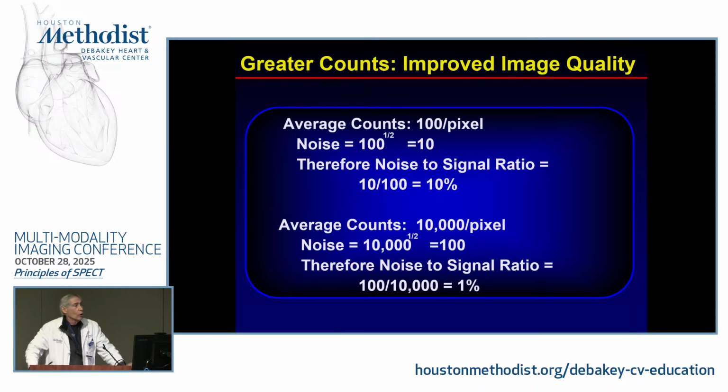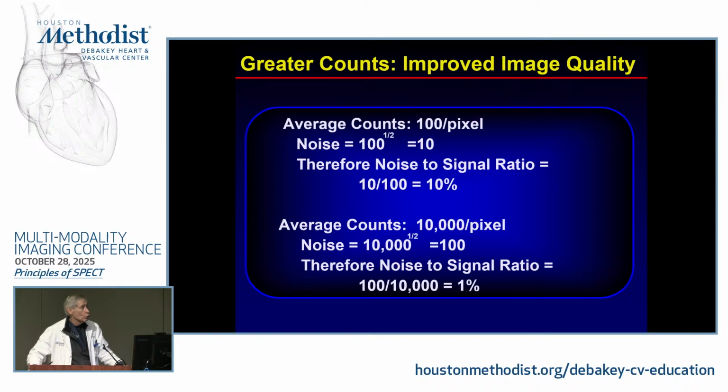So it just goes to show you that images are made by how many counts you have. Images are made by what your mA flux is, okay, in CT. And if you don't have enough mA, and if you don't have enough counts, you're going to have very, very noisy images, which are going to limit your ability to interpret the studies. So it's extremely important that we apply the proper time to acquire the proper number of images.